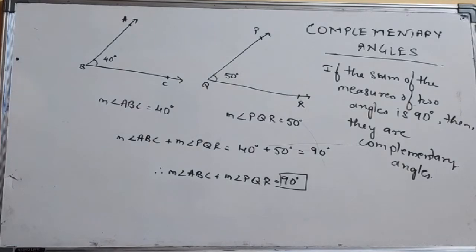Understanding? If the sum of measure of two angles is 90 degrees, then they are complementary angles.